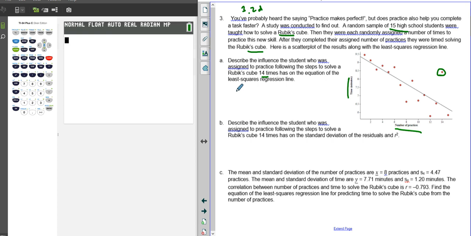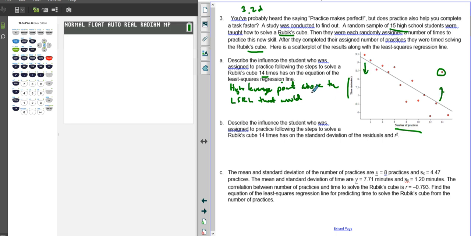On the equation of the least squares regression line, because it is probably a high leverage point, and it is above the least squares regression line, the slope would go up and the intercept would go down.